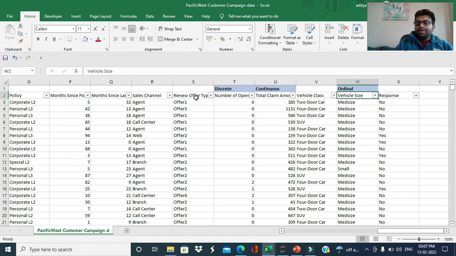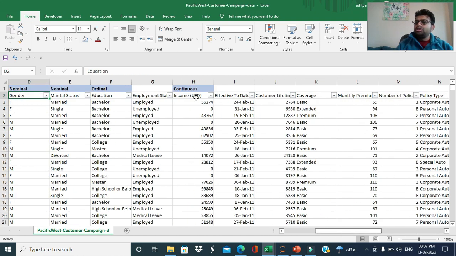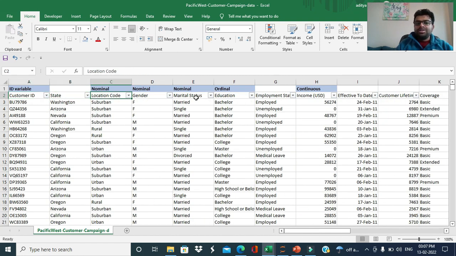The purpose of explaining all these different types of variables and showing them with the data points is to analyze them, right? Whenever we analyze these variables, we analyze them according to the kind of variable it is. For example, location code is a nominal variable, so whenever we need to perform any analysis, we'll go ahead with the count distribution, right?